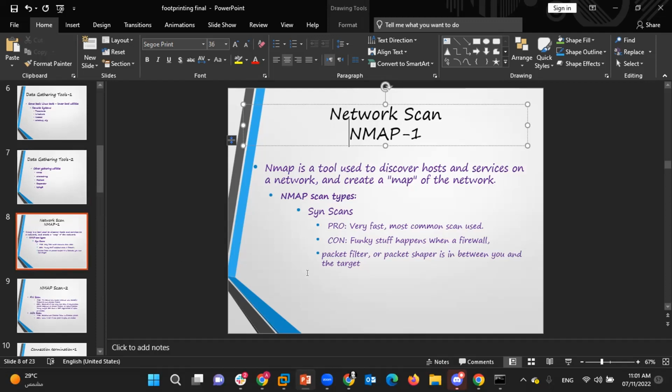I'm not sure, my connection was disconnected, but I'll be back to explain the SYN scan. When a request is sent from the client to the server to get data, the client sends a SYN request, or SYN packet, to the server. The server receives this SYN packet and sends a SYN-ACK packet. SYN-ACK means SYN acknowledge.